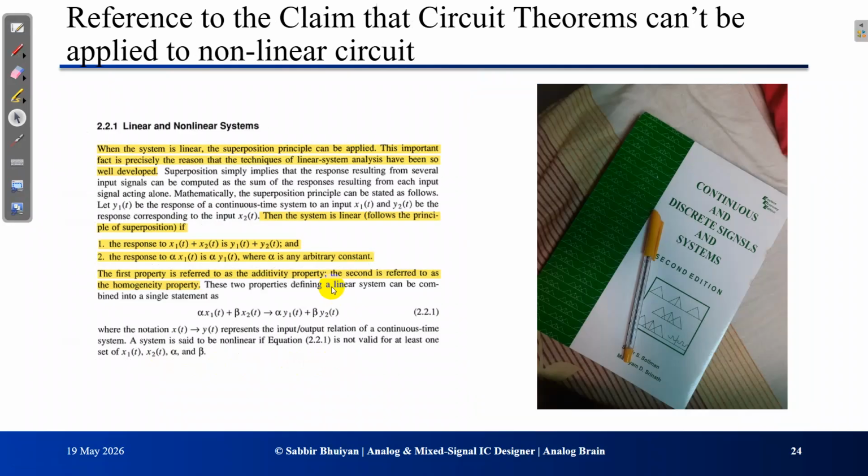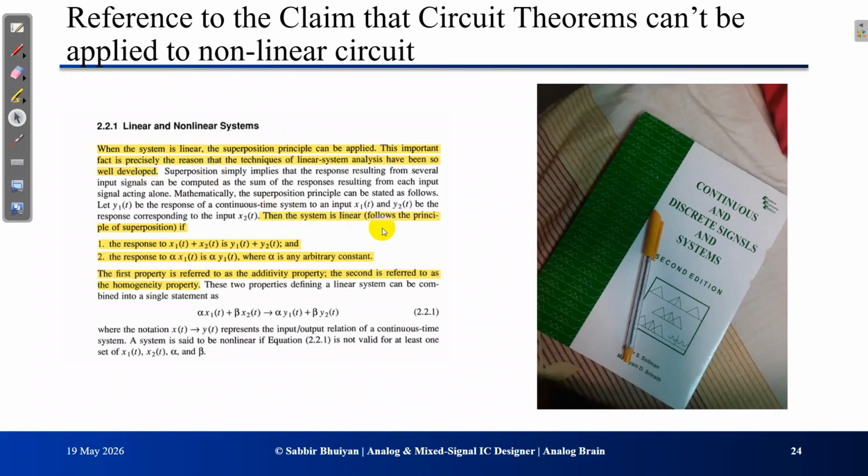Now, regarding the claim that circuit theorems can be applied to nonlinear circuits. This is the book, and this is not a circuit book. This is Continuous and Discrete Signals and Systems by S. Soliman. The writer says that when the system is linear, the superposition principle can be applied. This important fact is precisely the reason that the techniques of linear system analysis have been so well developed.